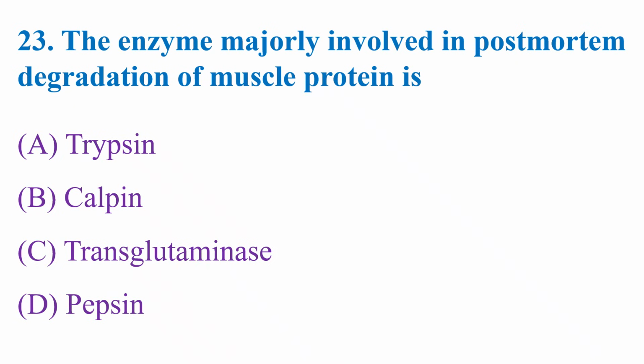This is when the postmortem changes begin. One very important change is the breakdown of muscle protein, which will affect the meat's tenderness. Tenderness means how soft or tough the meat feels when we chew it.